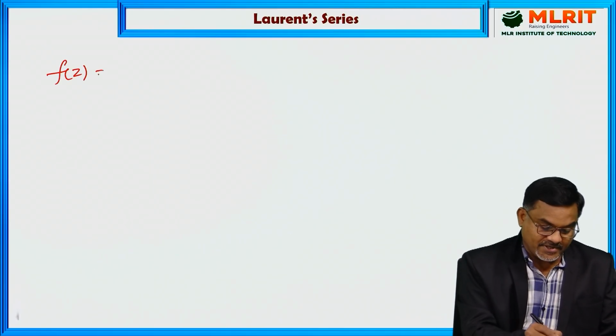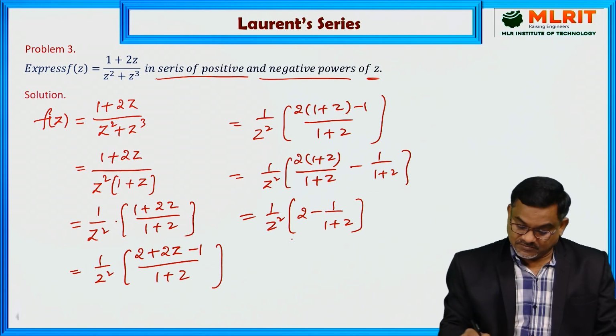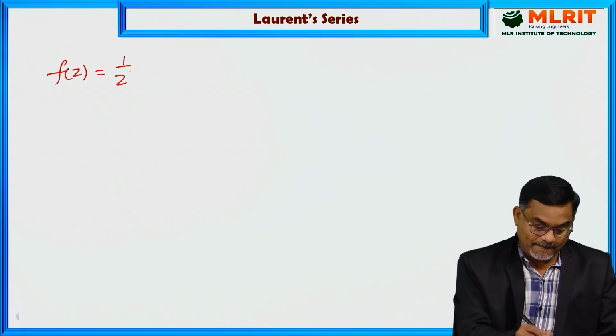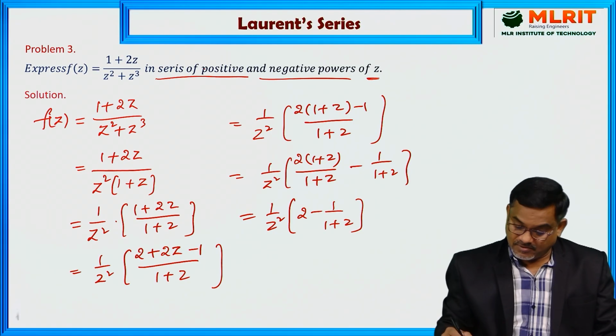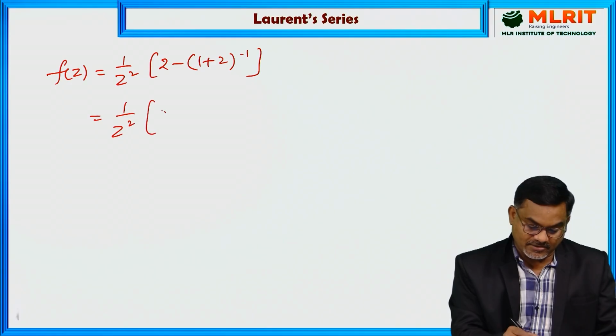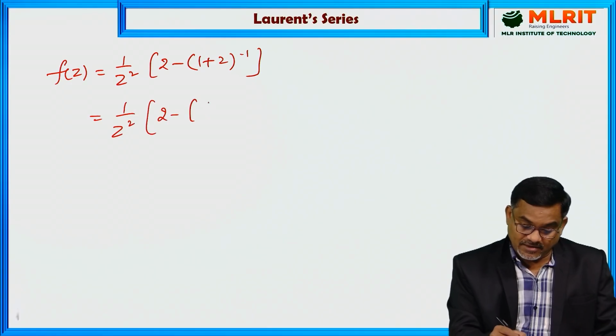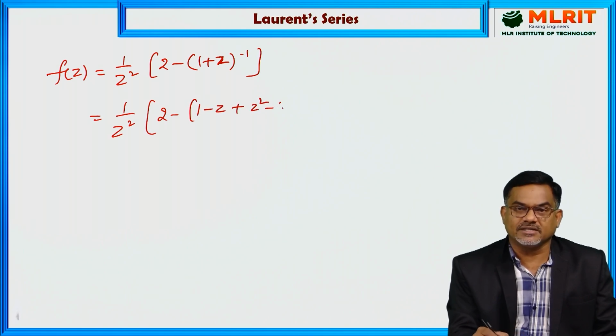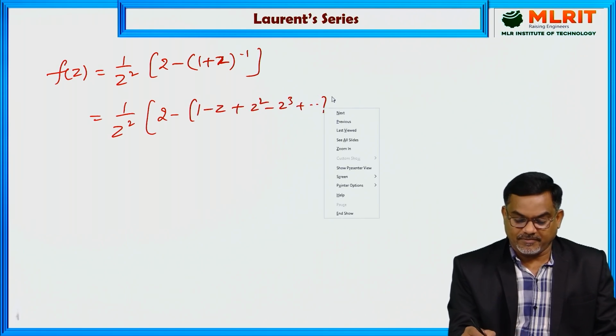So f of z equal to 1 by z square into 2 minus 1 by 1 plus z. So 1 plus z power minus 1. So 1 by z square, 2 minus, here 1 plus z power minus 1, 1 minus z plus z square minus z cube plus so on.